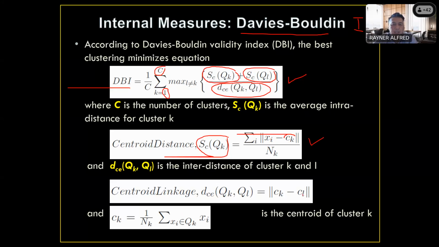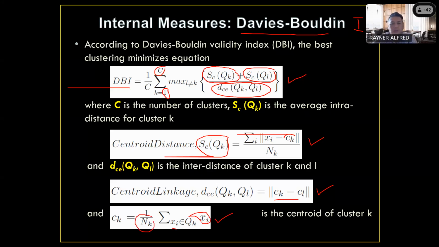This is the distance between cluster centers, and this is the centroid. How do we find the centroid? Basically we take the summation of all the members of that particular cluster i, and then we take the average.